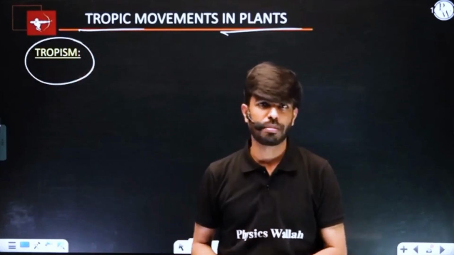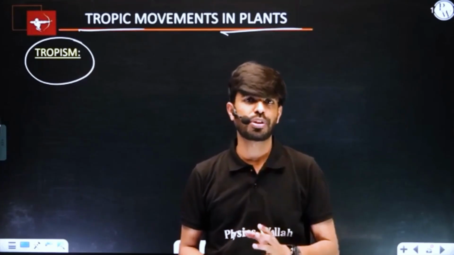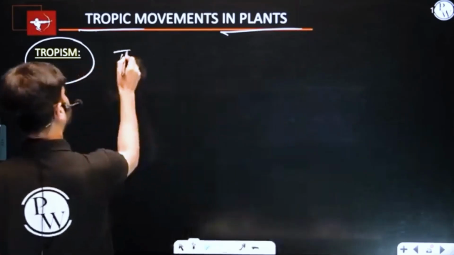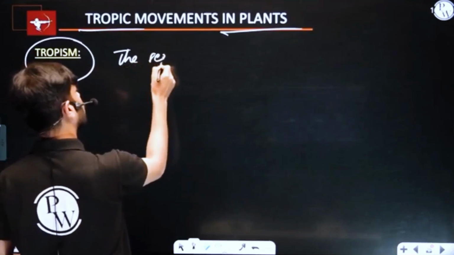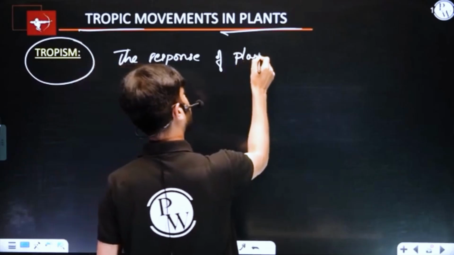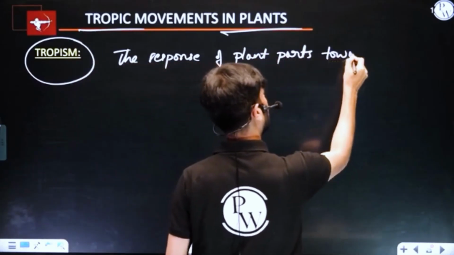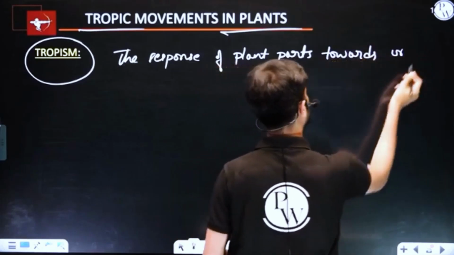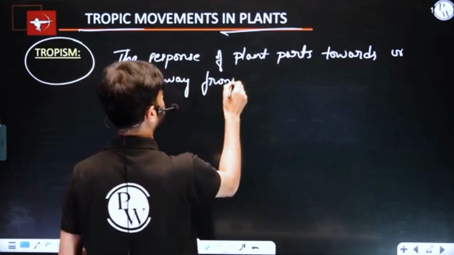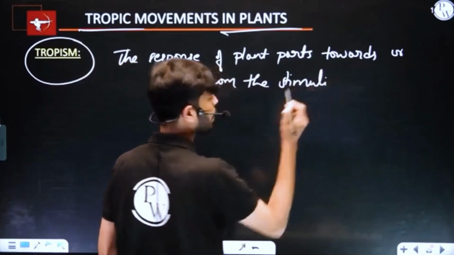Tropism is a phenomenon, a process in which plant parts show responses towards external stimuli. You can say it is the response of plant parts towards or away from the stimuli. For example, light.